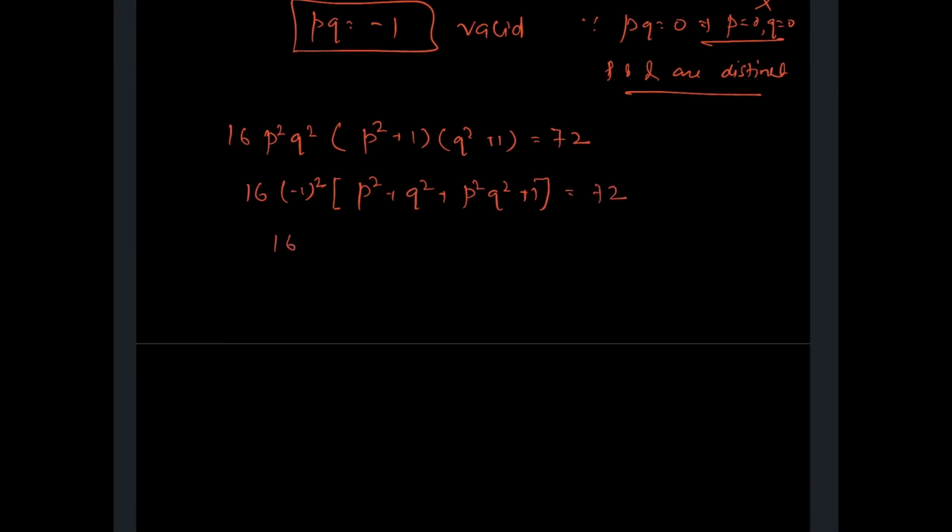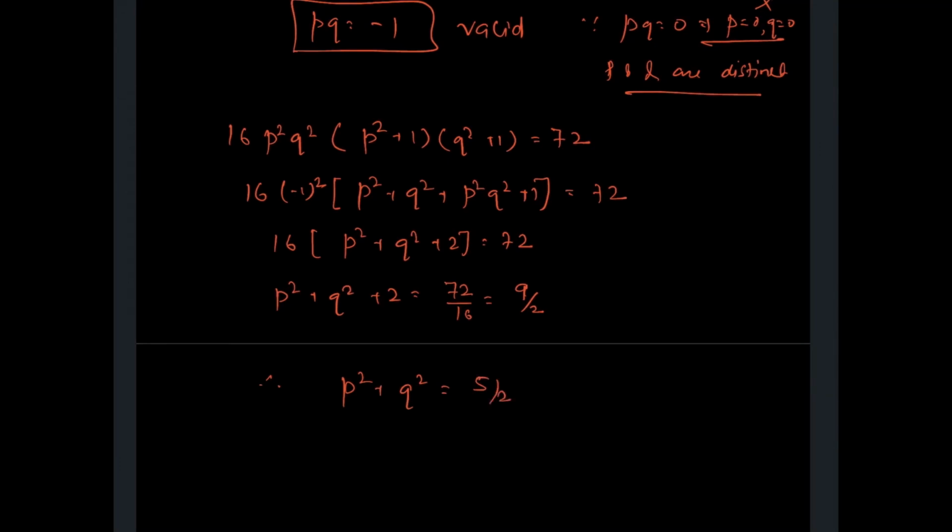Now again we put it in, you get 16 (p square plus q square plus 2) is 72, or p square plus q square plus 2 is 72 by 16, which is 9 by 2. So therefore p square plus q square is 5 by 2. And again we put the value of q in terms of p. So you get p square plus 1 by p square is 5 by 2.